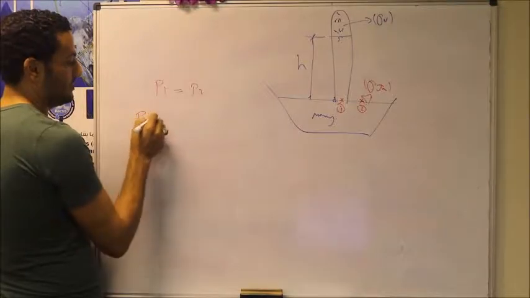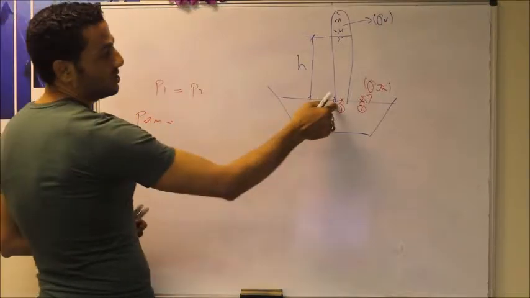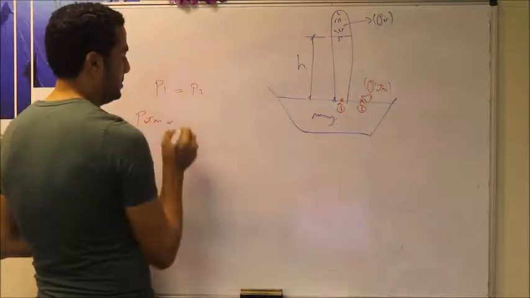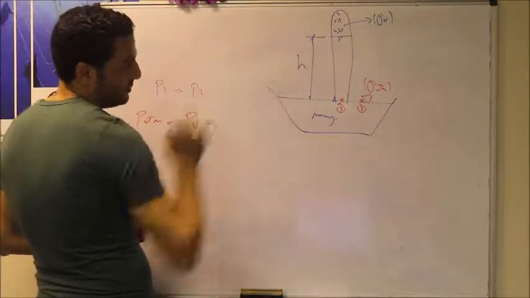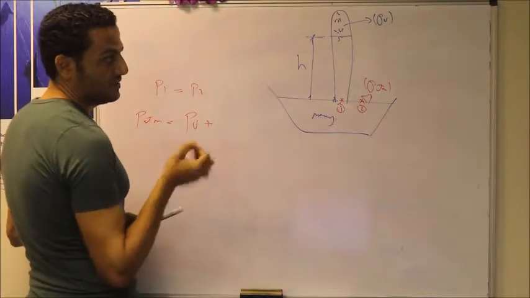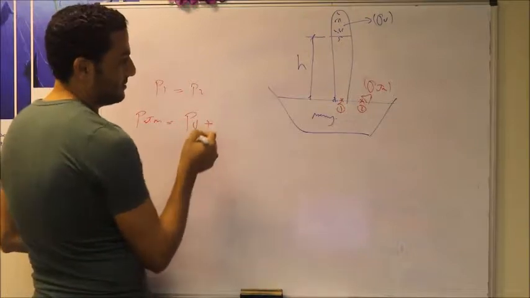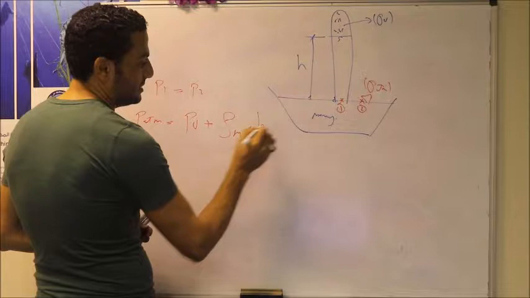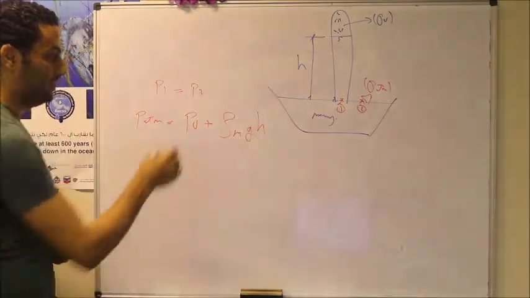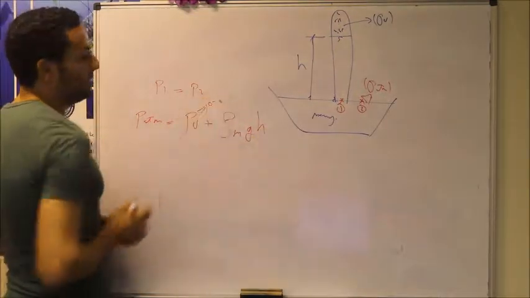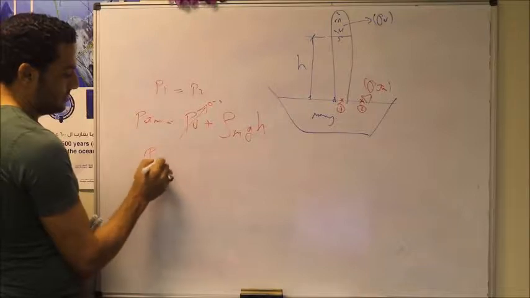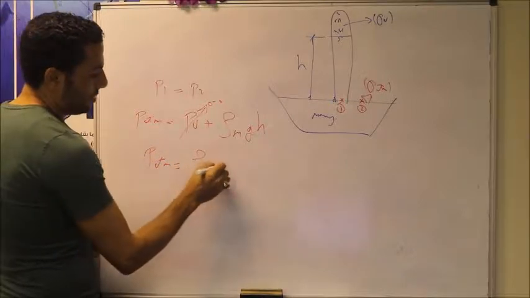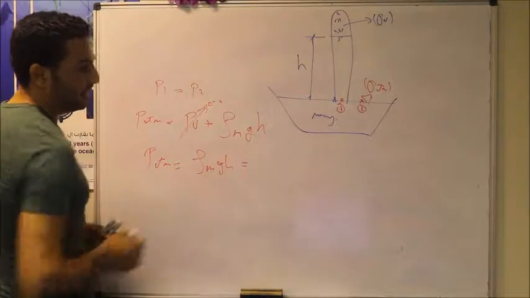So the atmospheric pressure equals the pressure at point 1, which is equal to the pressure at the top, P vapor, which is a very low value, since some mist was just created, so we can neglect it, plus rho of the mercury multiplied by gravitational acceleration multiplied by the height h. The vapor value is neglected, so the atmospheric pressure is equal to rho mercury g multiplied by h.